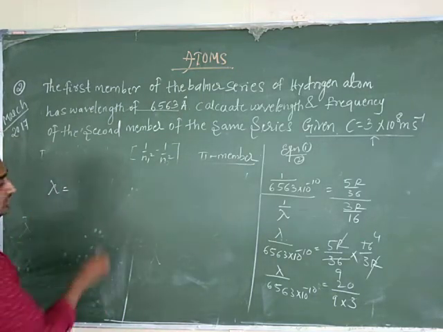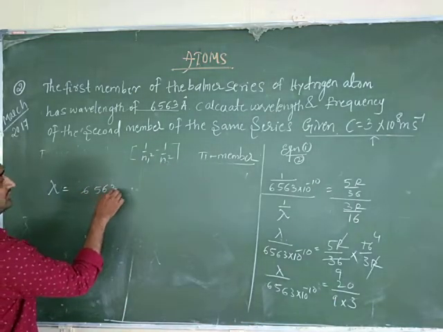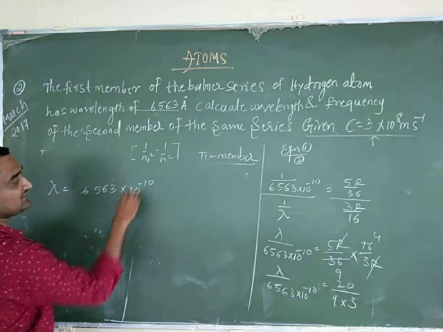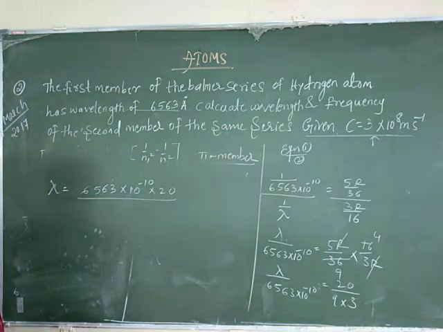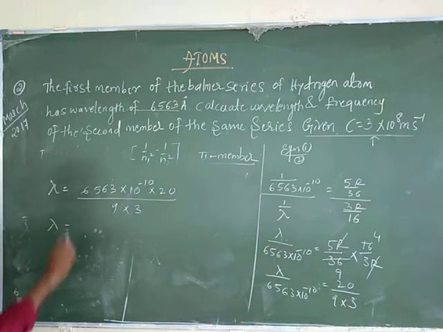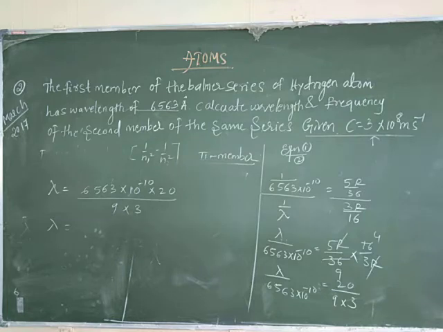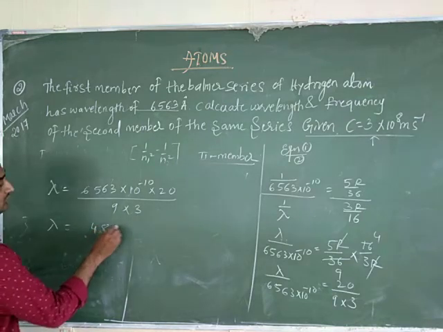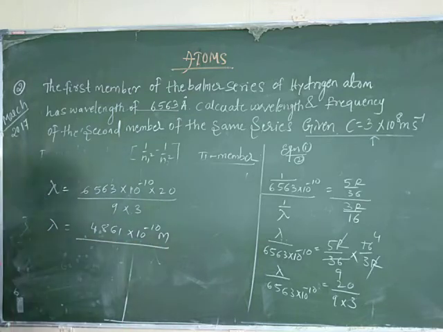Therefore lambda is equal to, taking this to the RHS, 6563 into 10 to the power minus 10 into 20 divided by 27. By solving this, we will get the answer 4861 into 10 to the power minus 10. So this is the wavelength of the second member of the Balmer series.